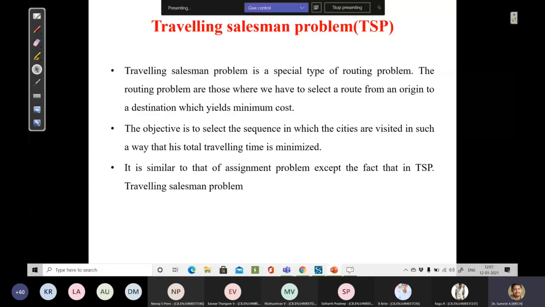That is, before going in the forward direction, he should not step back into city A. Okay, from city B, he has the options to travel to C, D, E and F. For example, from B he jumps to city D. Now city A is completed, city B is completed, he moves into city D. Then in front of him the options will be C, E and F. That is, without completing that one loop, he should not step back into the older cities.